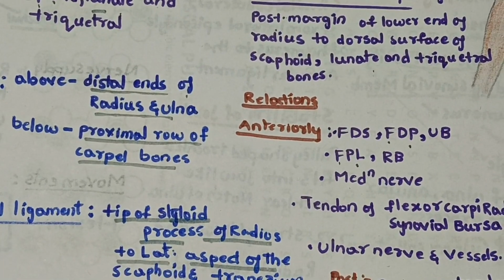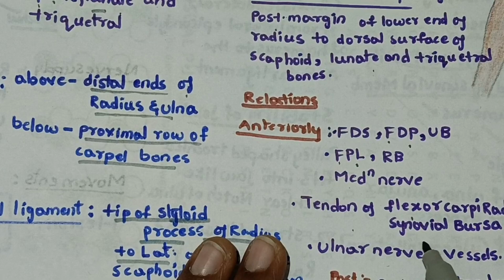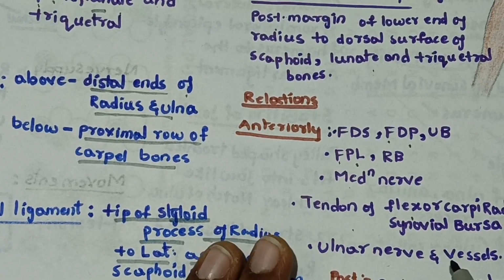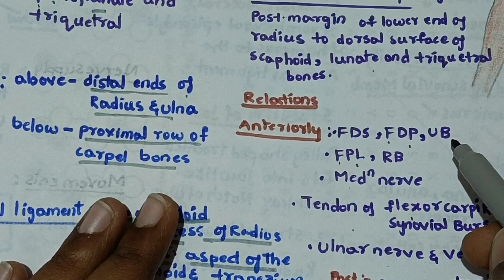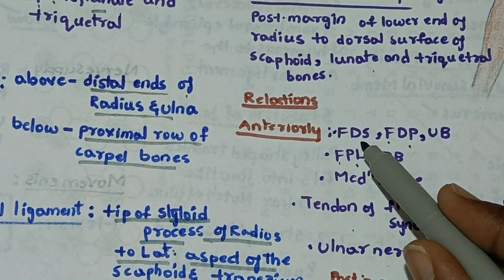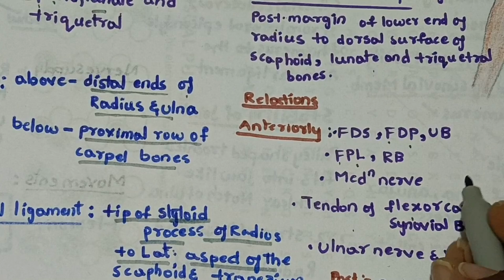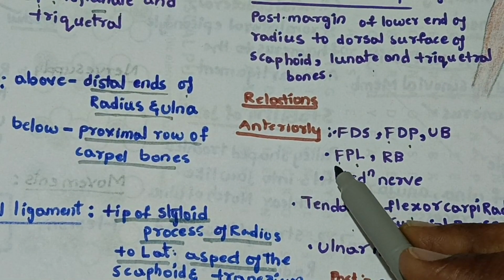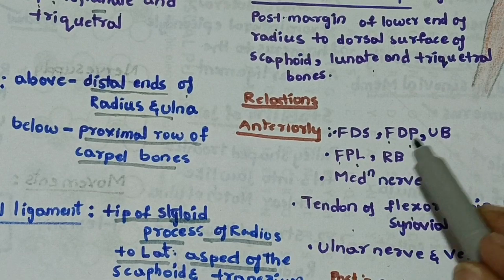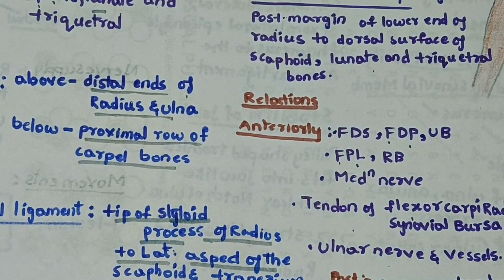Apart from that, they are also related to the tendon of flexor carpi radialis and the associated synovial bursa. The flexor digitorum superficialis and profundus are present along with their associated bursa known as the ulnar bursa, whereas flexor pollicis longus is associated with the radial bursa.